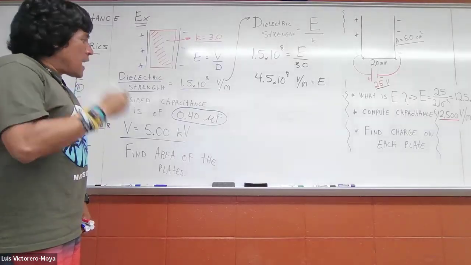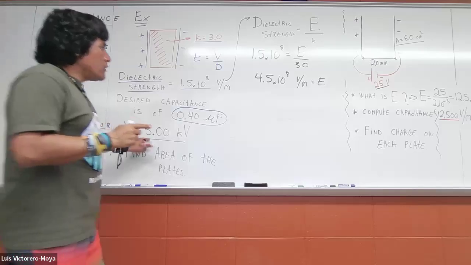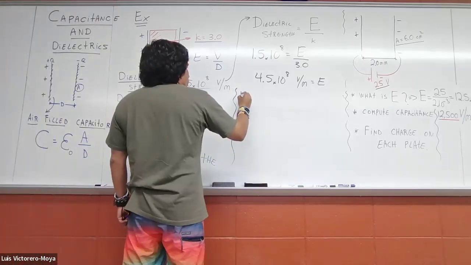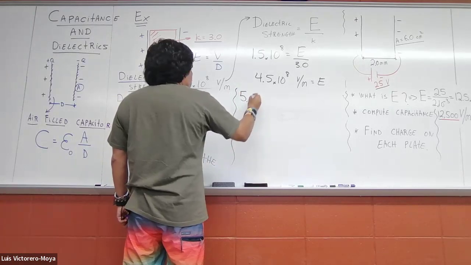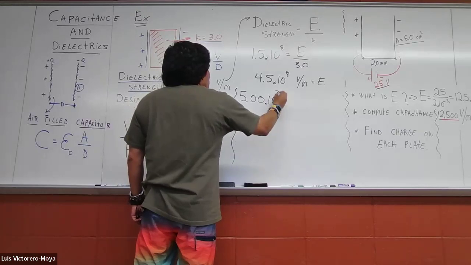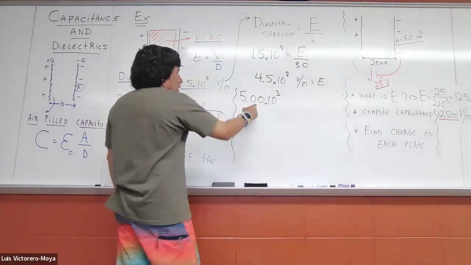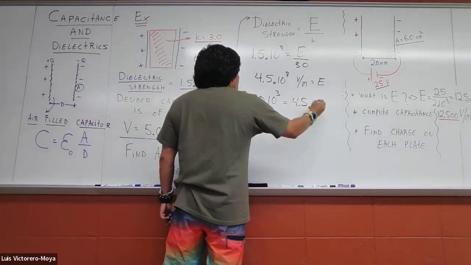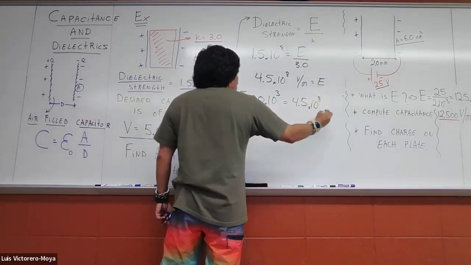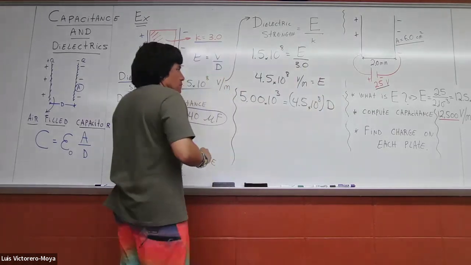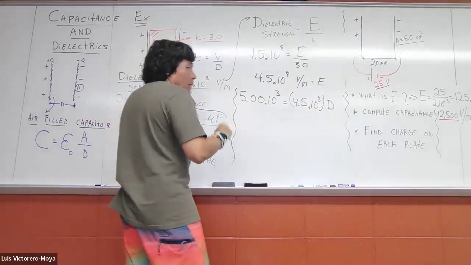And then I can use that with a voltage. So 5 kilovolts is equal to E times the distance. There you are.